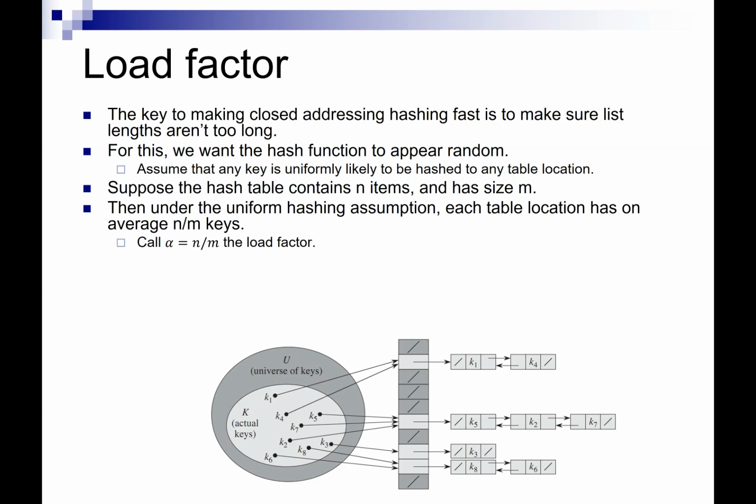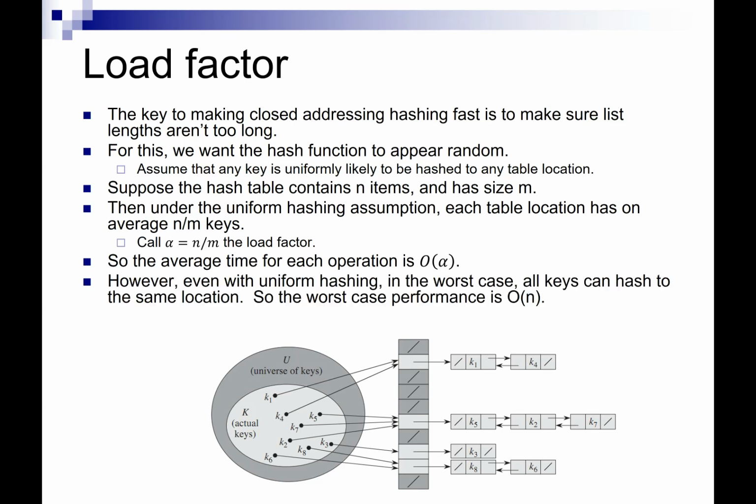We're going to call this n divided by m the load factor, and we use alpha to denote the load factor. If you have a load factor of alpha, then the average time for each operation is going to be order alpha, because on average you're going to have to search through a linked list of size alpha. Of course, we want this alpha to be small, so you don't want to put too many items into your hash table.